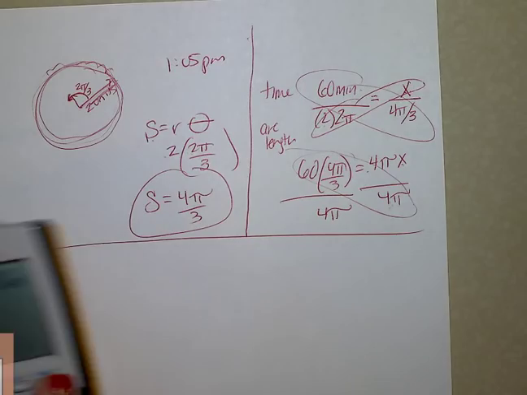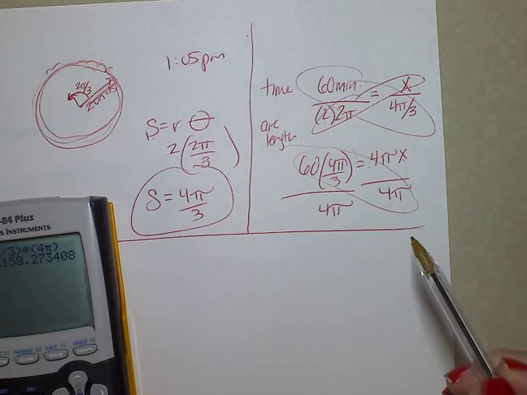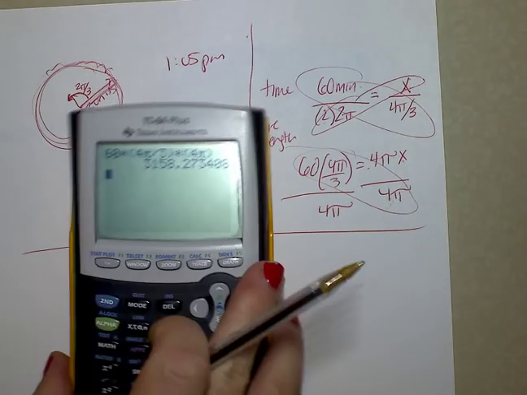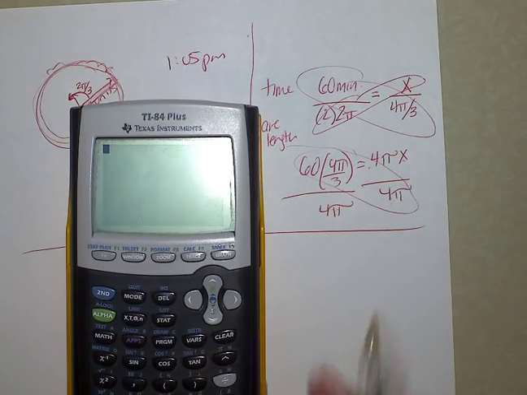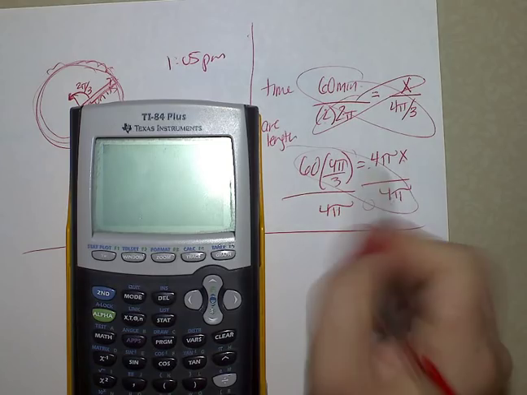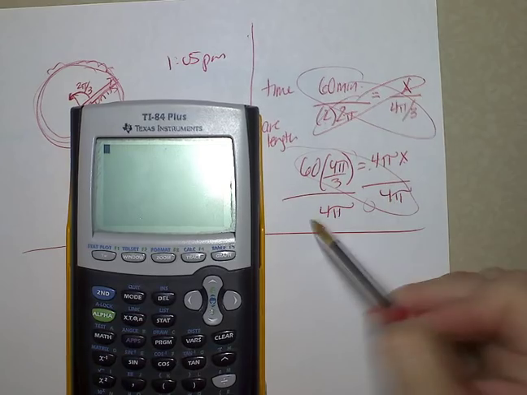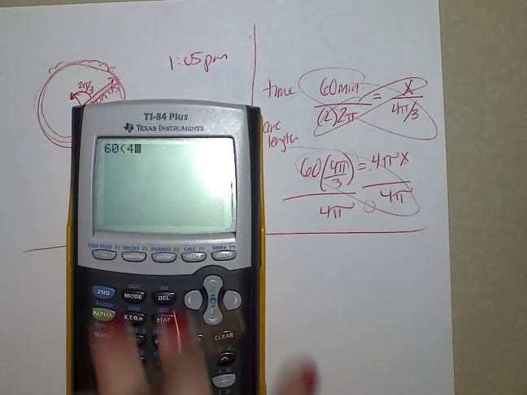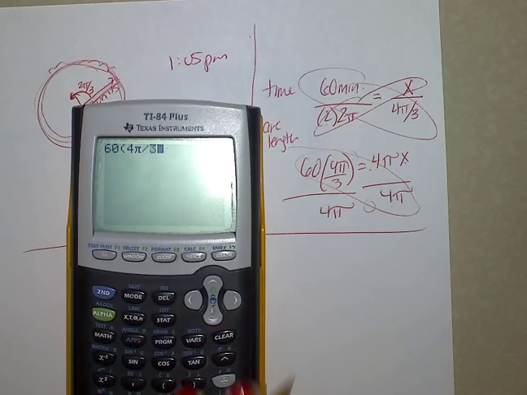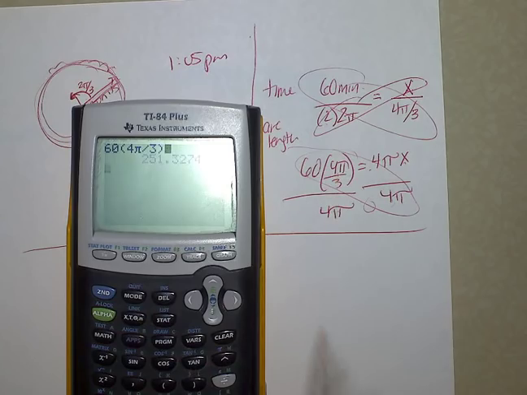I'm so sorry, I forgot to divide at the very end. Let me go back. So I'm multiplying these two, and then I'm going to divide by 4 pi. Let's try this again. I have 60 times 4 pi divided by 3. That is the top portion, your numerator. Get an answer and now divide it by 4 pi.